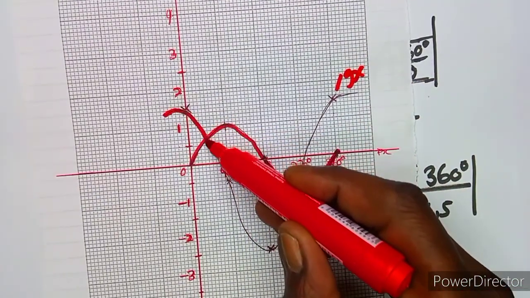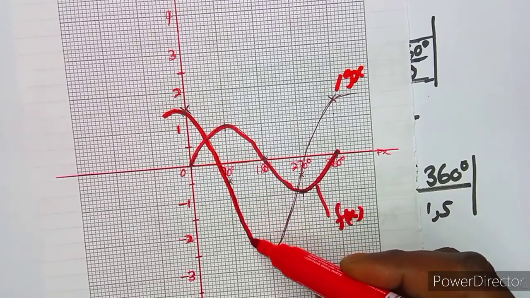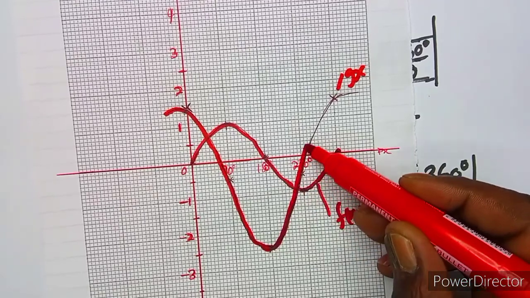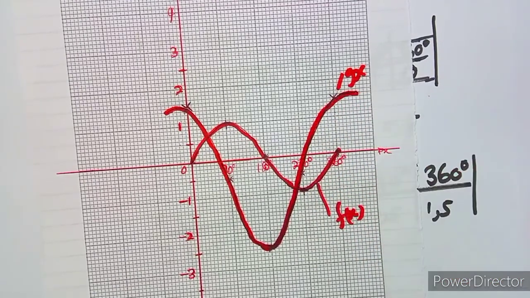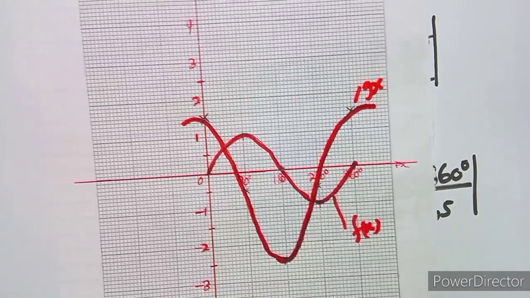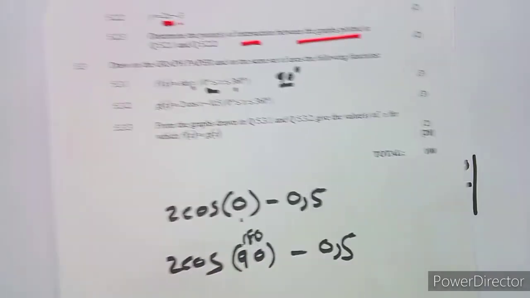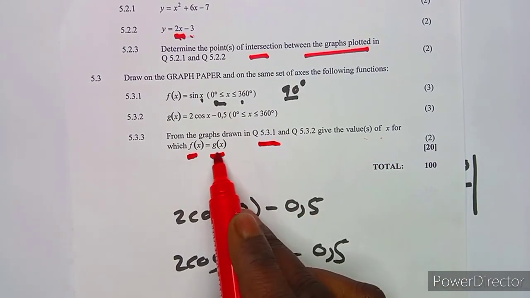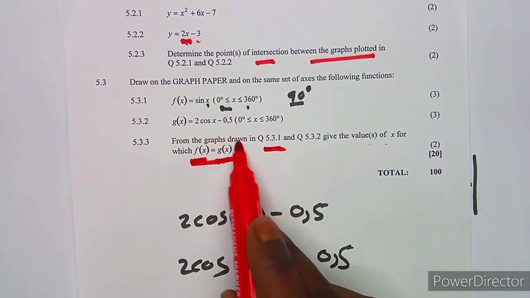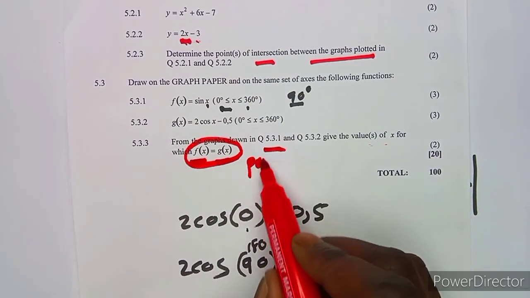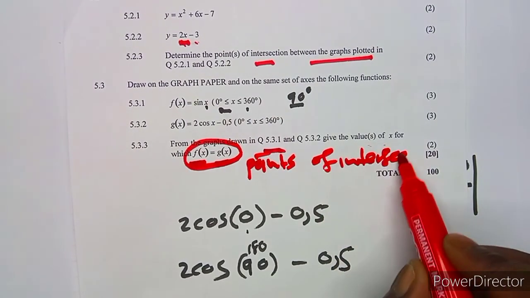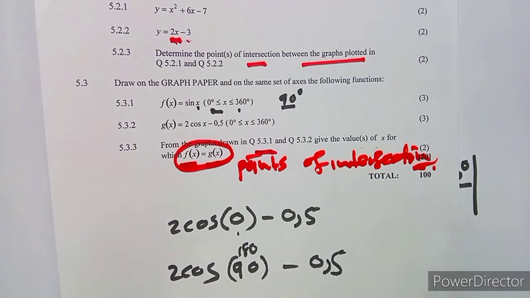Let's just see if it makes sense, guys. I don't know if it is clear. From the graphs drawn, for which values of x is f of x equal to gx? The values of x for which these are equal are at the points of intersection, where these two graphs meet.